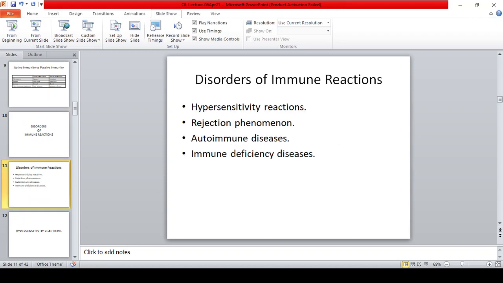The disorders of immune reactions can be divided into these four categories.